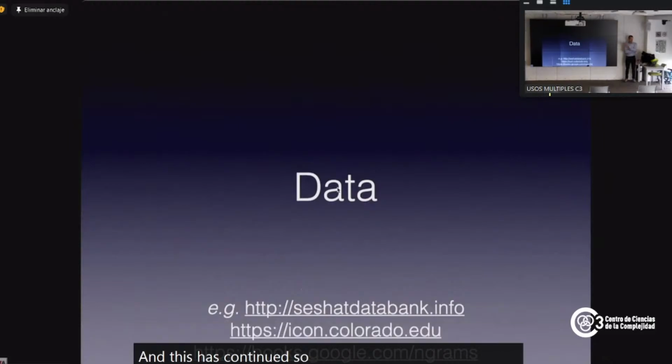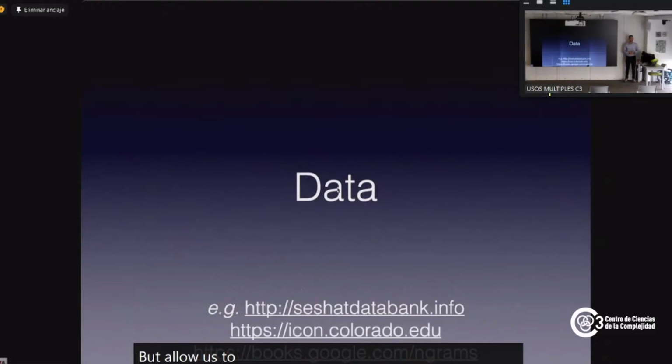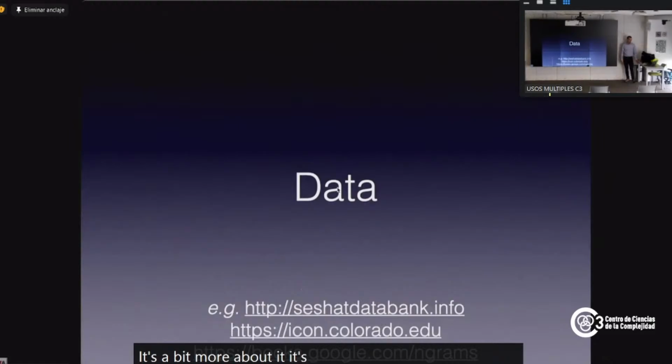So, there are plenty of data sets available that allow us to test different theories. So, for example, there are some links to databases. Seshat's databank, I'll speak more about it, is made by historians.